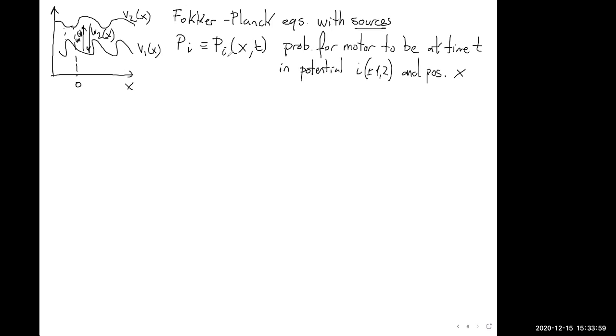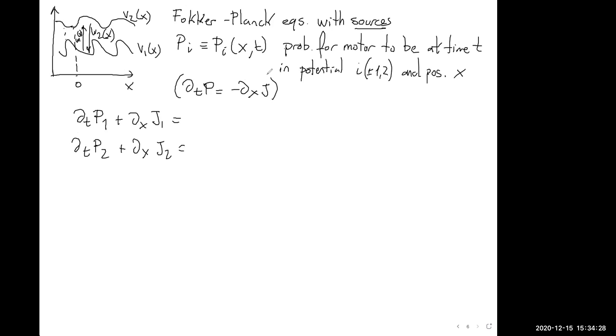We have two states. So we can write it like this: partial t of P1. Remember, P1 is P1(x,t), plus partial x j1, equals, and partial t P2 plus partial x j2 equals. This is the current I usually put. Usually I write the Fokker-Planck like this: partial t of P is minus partial x of j. This is the way we were writing the equations.